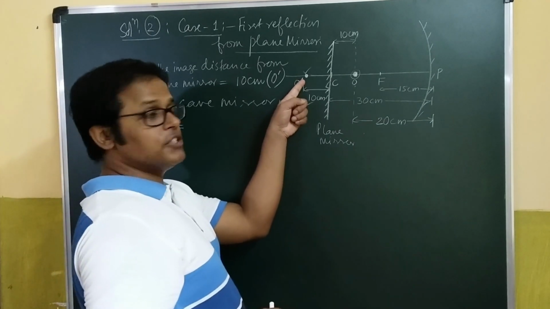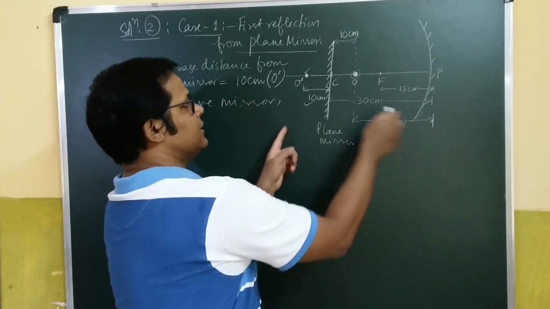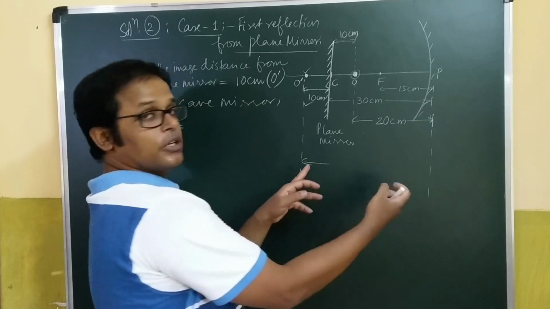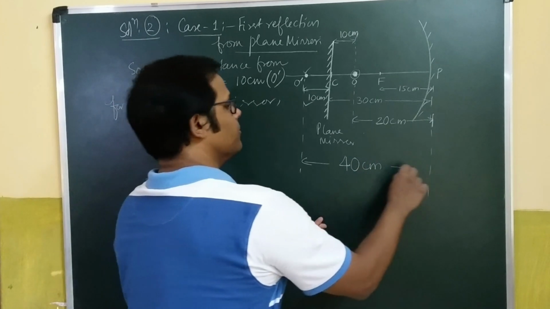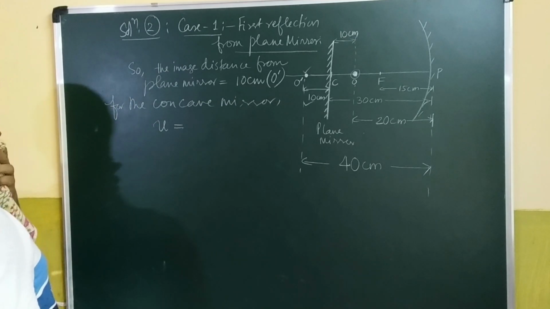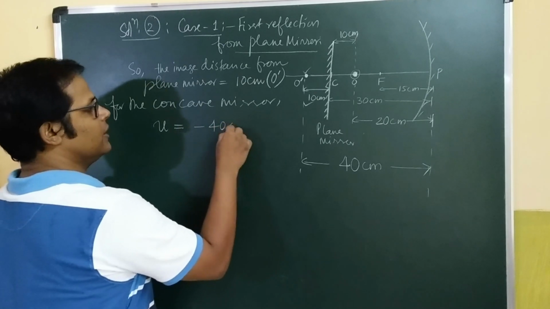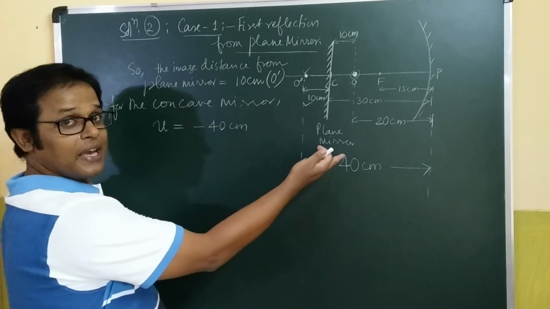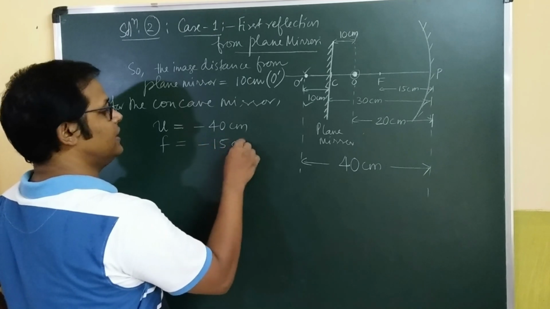This virtual image formed by the plane mirror of this object O will be now treated as the object for the concave mirror. In totality, the distance will be 30 plus 10, that is 40 centimeters away from the pole of the mirror. So we get u equals minus 40, if I am doing everything correct, 30 plus 10, 40, on the left side, so minus sign. The focal length of the concave mirror is minus 15 centimeters.